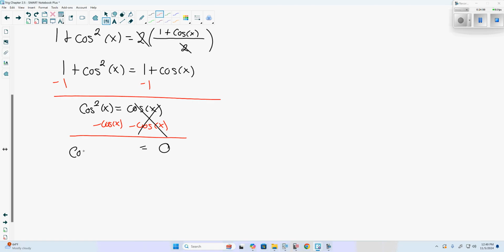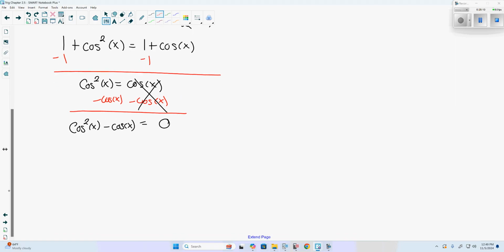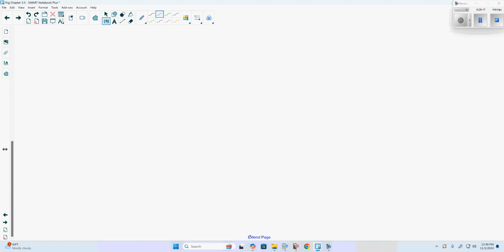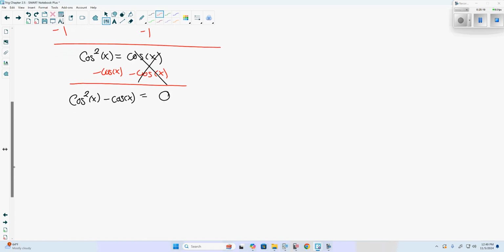However, cosine squared of x and cosine of x are not like terms, so we can't combine them. Just telling us that we have cosine squared of x minus cosine of x. Questions on how we got to this point here?